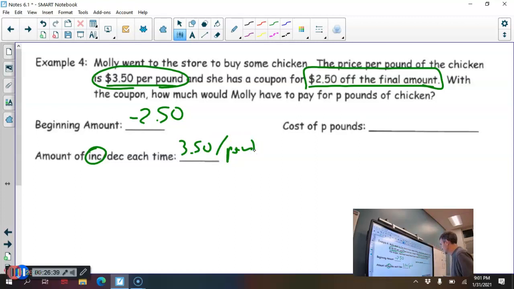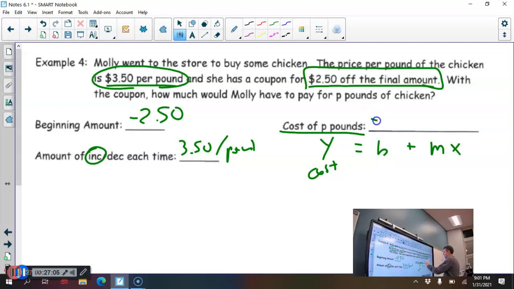That's how much it's increasing by. So what is the cost of P pounds? Remember, this is like your Y equals, and on Delta Math, you will not be typing that in. But Y equals, or the cost equals, the beginning amount plus the amount it goes up each time.